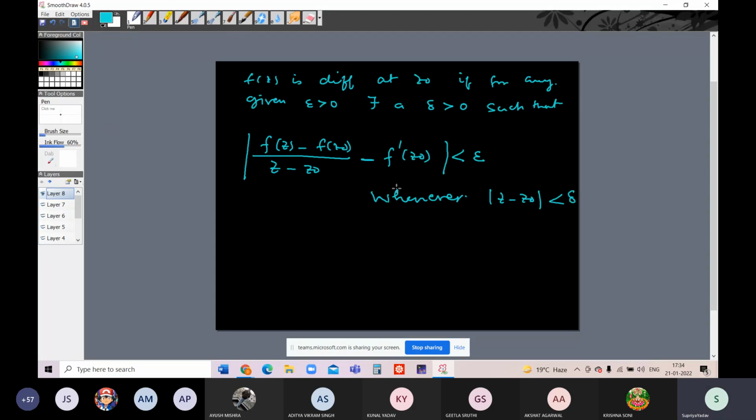So if this type of delta exists, we can say that function f(z) is differentiable at this point z naught.